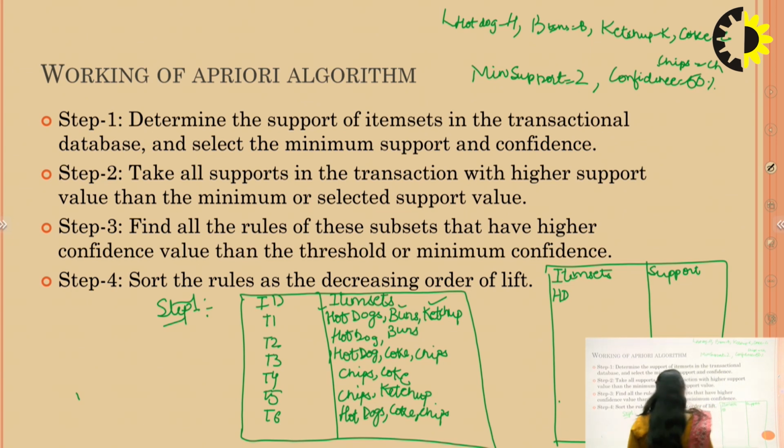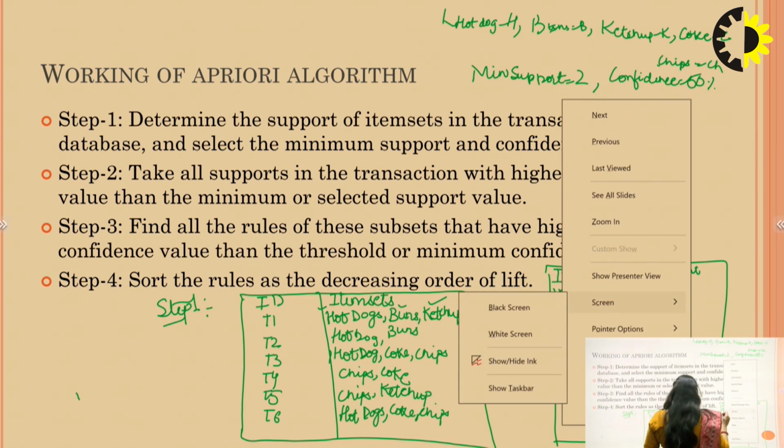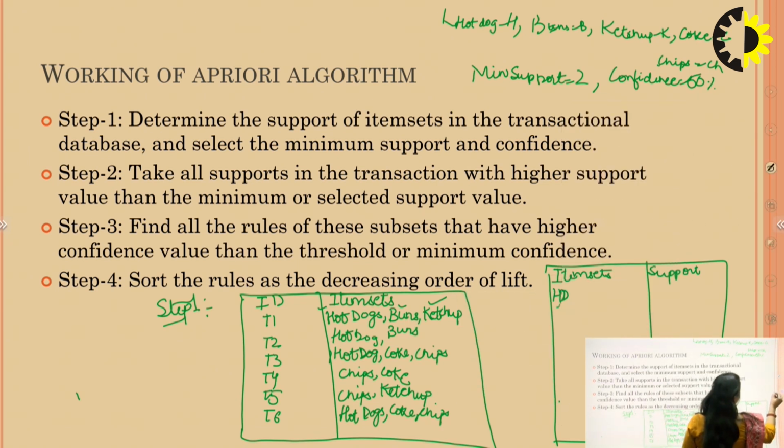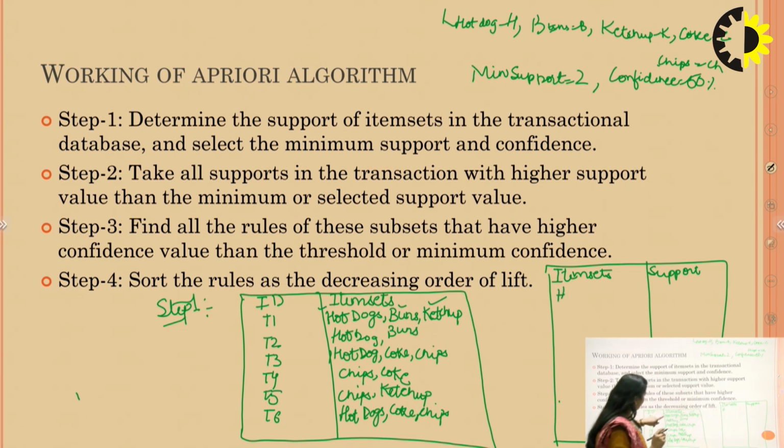So next is the hot dog. Now we will take the pairs. Now hot dog, we can form the pair of hot dog bun, hot dog ketchup, then hot dog Coke, hot dog chips.